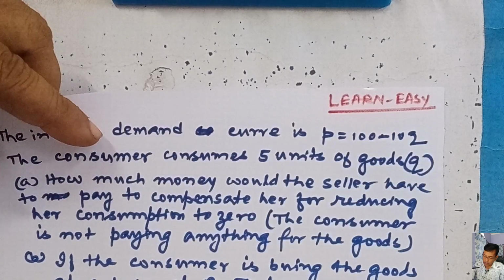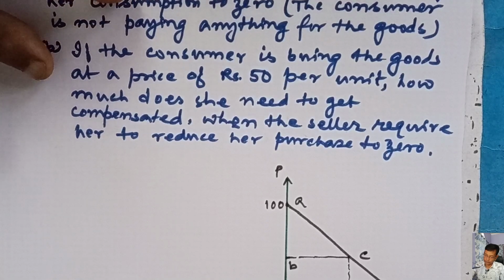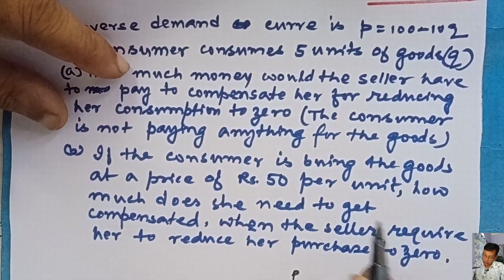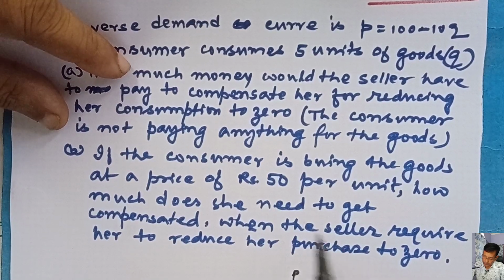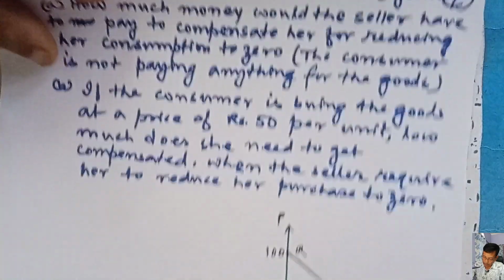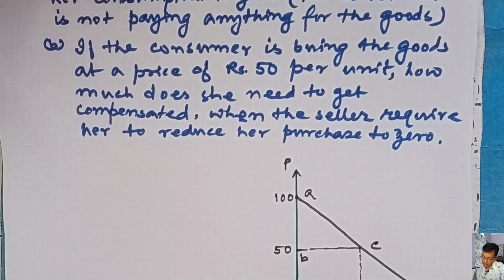P is equal to 100 minus 10Q. If Q is 0, then this is 100. If the consumer is buying the goods at a price of rupees 50, suppose it is rupees 50.